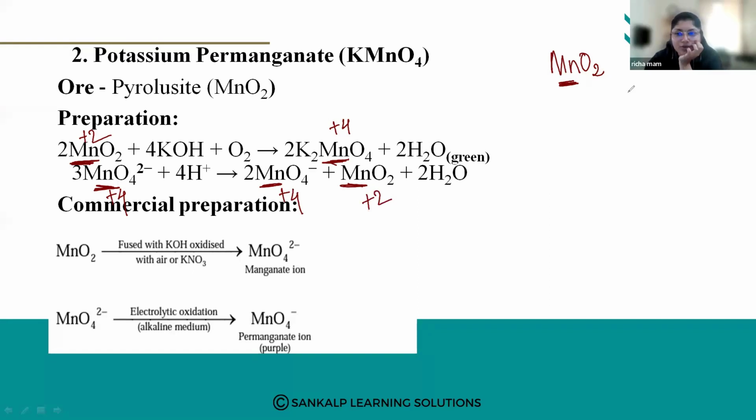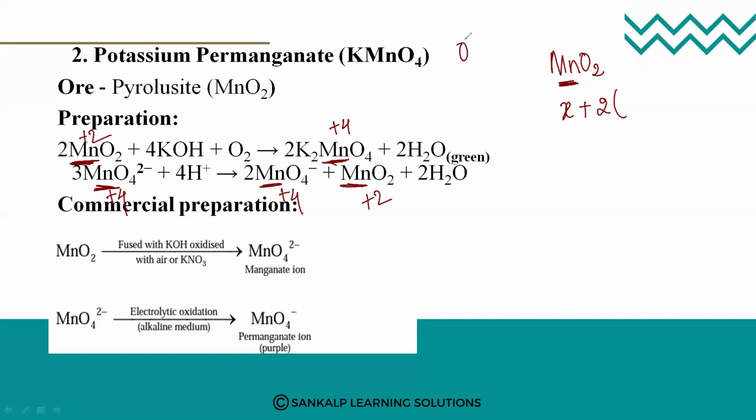So MnO2. We have to find for Mn, so keep it as X plus oxygens. How many oxygens are there? 2. What is the charge of each oxygen? -2. Yes, very good.